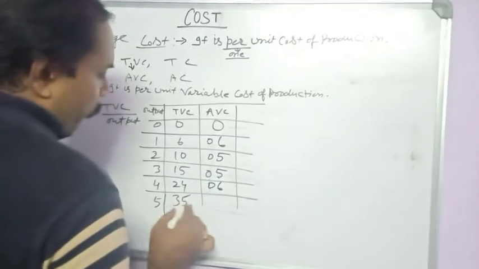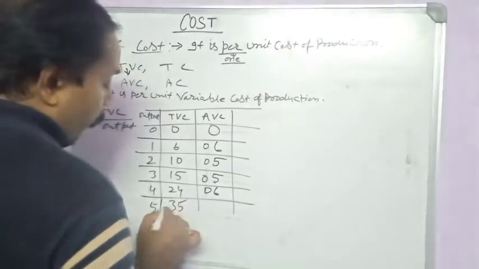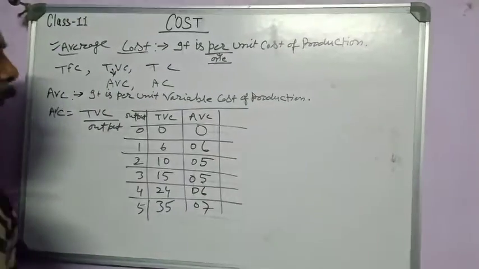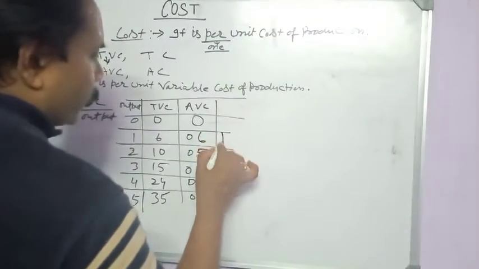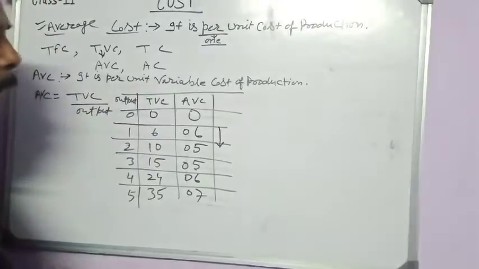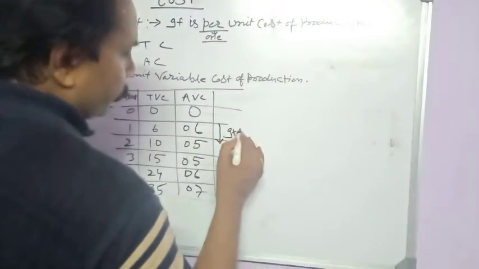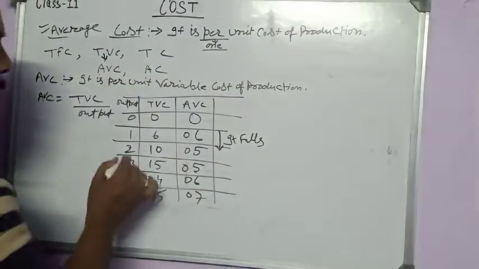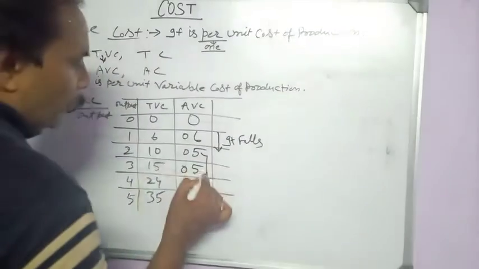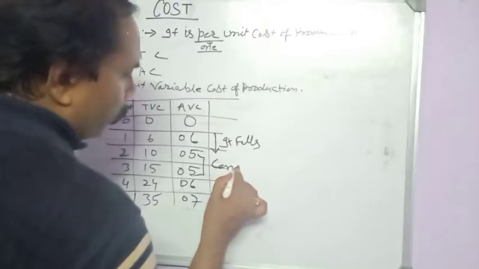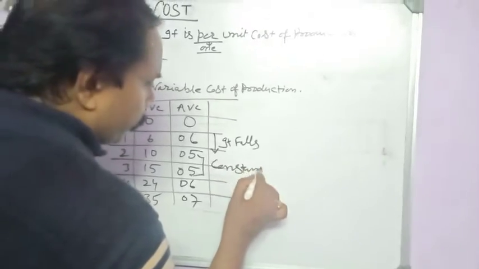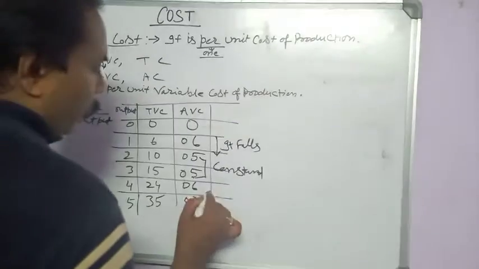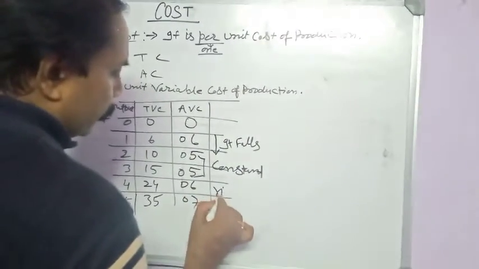And 35 divided by 5, it is 7. Clear? So, up to the first and second, what do you find? It falls. Clear? And second and third, you find it has become constant. And from fourth onwards, it is rising.